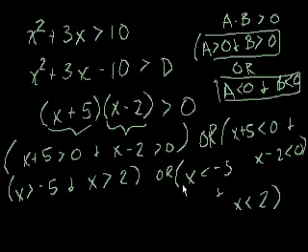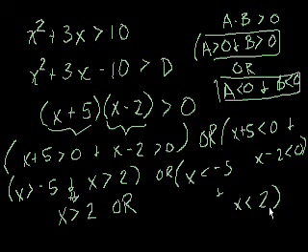Now we can actually simplify this, because here we say that x is greater than negative 5 and x is greater than 2. So in order for x to be greater than negative 5 and greater than 2, this could just simplify as saying x is greater than 2, right? Because if x is greater than 2, it's definitely greater than negative 5. And here we said x is less than negative 5 and x is less than 2.